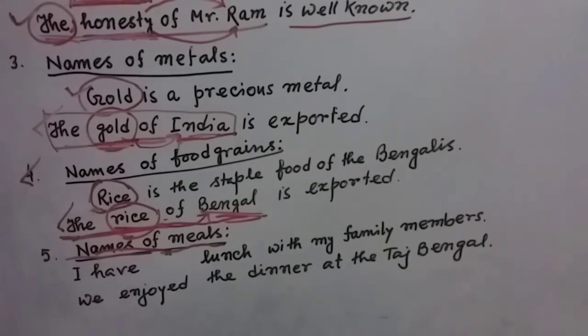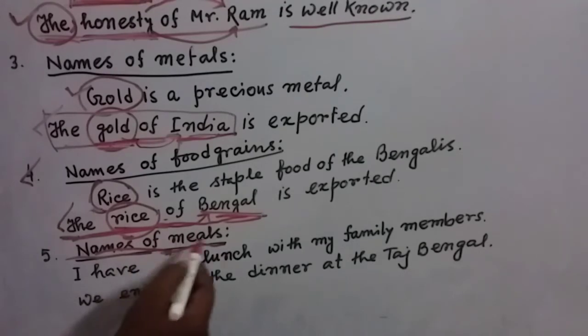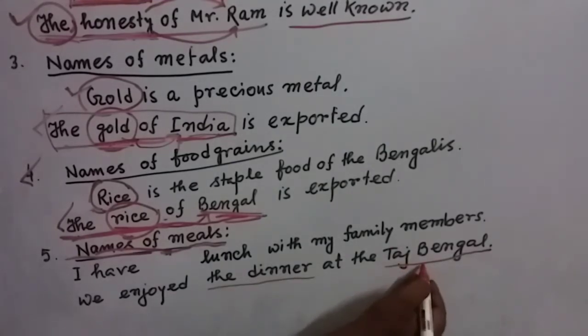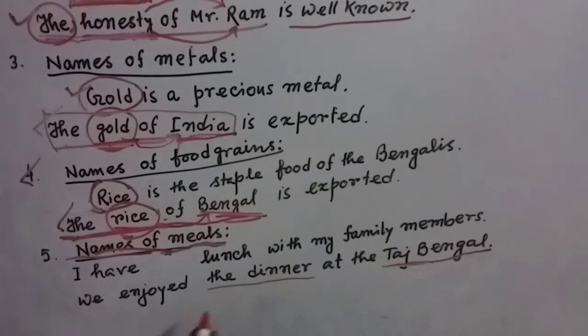But my dear friends, if we talk about some particular meal, at that time we have to use the article. Here we are saying we enjoyed the dinner at the Taj Bengal. My dear friends, obviously this dinner is a special one. Normally it is not done regularly.